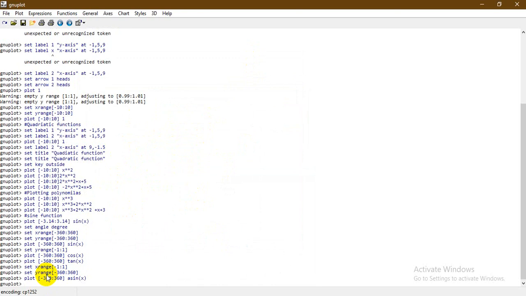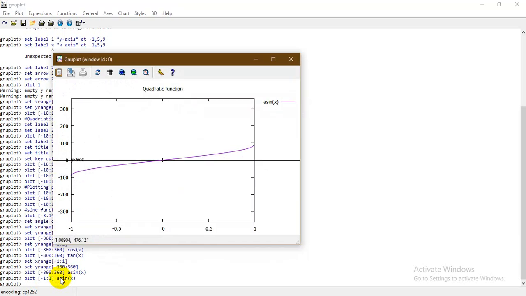So you need to change the plotting scheme here. So I'm going to say from -1 to 1. So let's change it from -1 to 1 and see what is going to be shown. So now you have your arc sine curve which is being shown.